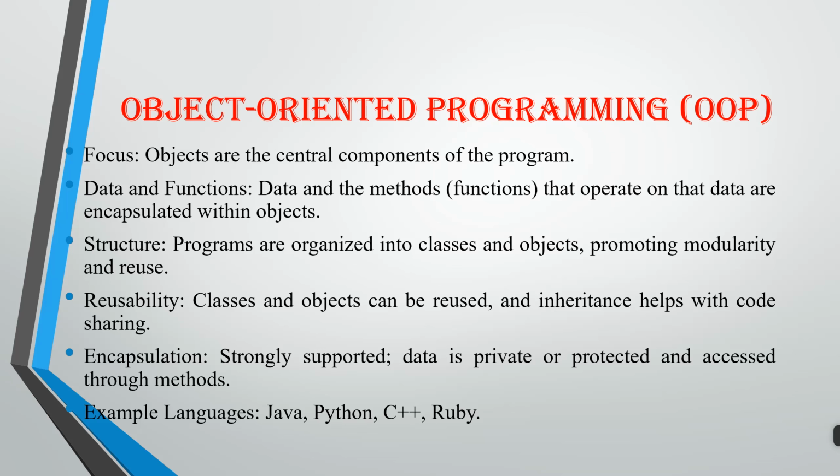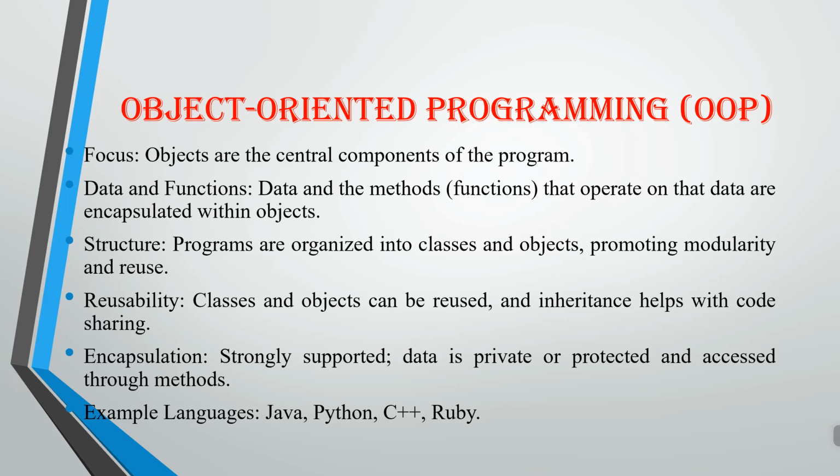If you want to give any value to the data, if you want to access any data, you require the functions. So data and functions, these functions are otherwise called methods, are the ones which are used to encapsulate the object.